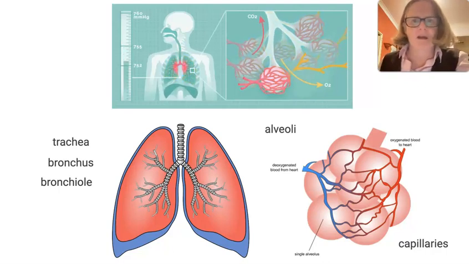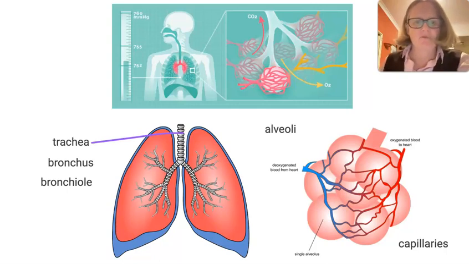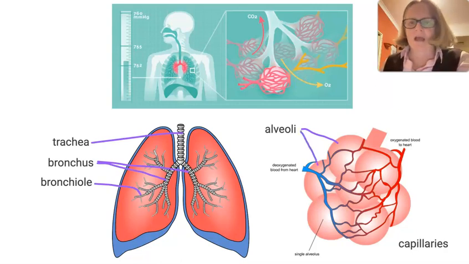So we have a very complex series of tubes leading from the outside world, going down the windpipe, also known as the trachea, which then branches into the left and right lungs, using the bronchi, or the bronchus would be one, and then that tube branches into smaller tubes called bronchioles, and they culminate in alveoli, which are little ball-like structures, very small, kind of like clusters of grapes, and each cluster is surrounded by an extensive network of pulmonary capillaries.